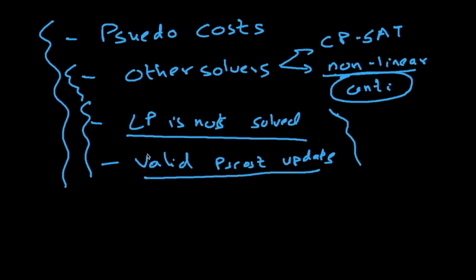At some point, SCIP developers figured out that pseudo cost updates can otherwise be noisy, so we need this valid pseudo cost update as a filter for updating pseudo cost, and that resulted in some benefits. But I don't think I saw this in regular textbooks when we are taught pseudo cost, right?